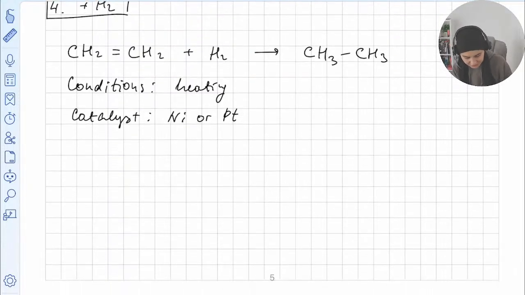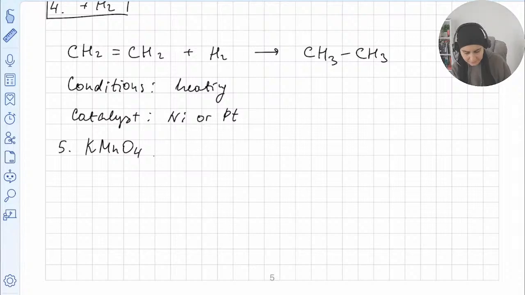Next reaction. The next reaction is with dilute potassium manganate at room temperature. Not all boards need this reaction. Cambridge International definitely does. The rest, I think they don't, but just double check, because everything changes, and chances are when you're watching this, the video is like 5 years old.